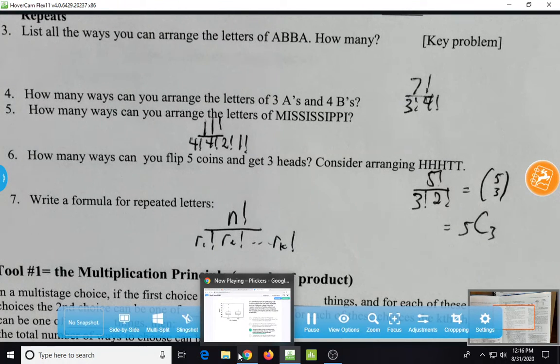All right, let's take a look at tool number 1, and that's the multiplication principle. One way you could do this is think of a tree diagram. Like I could possibly have 3 ways to do the first thing, and then 2 ways to do the next step, and then maybe 4 ways.